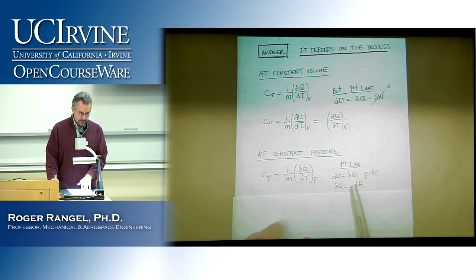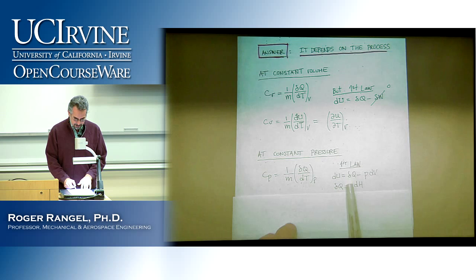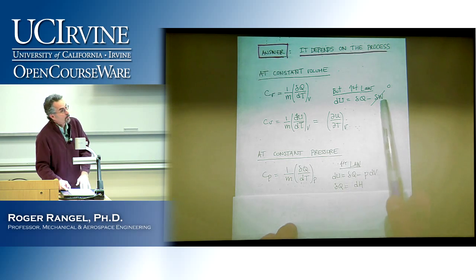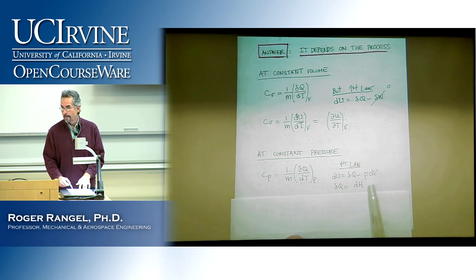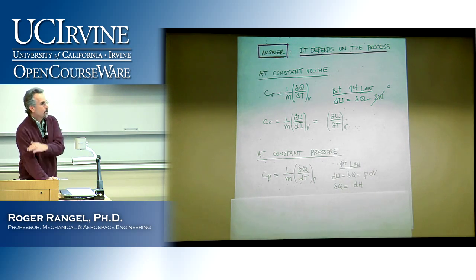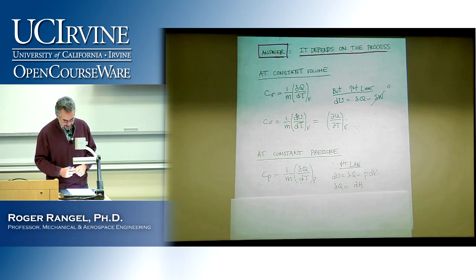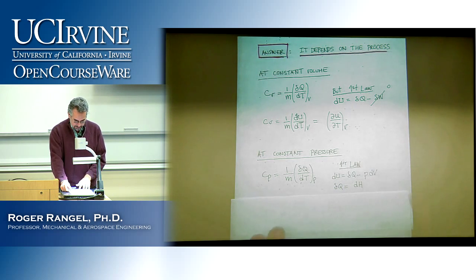And again, I go back to the first law of thermodynamics, write it one more time. I make a different substitution this time. I say delta Q. I'm not going to cross out the work because now the piston is moving, but we just learned that the work is P dV because it's a constant pressure process. And as we saw, I can write that dQ as dH using the enthalpy. So that's the last substitution I make.